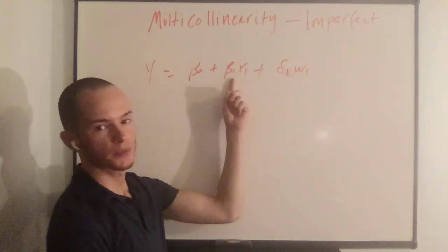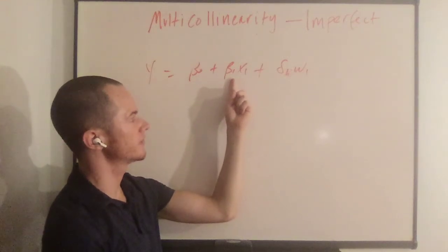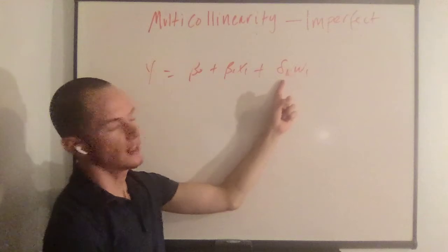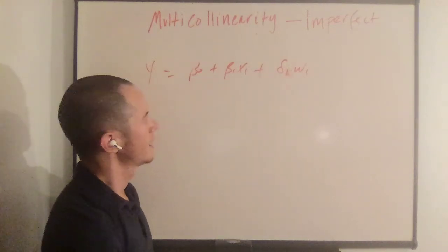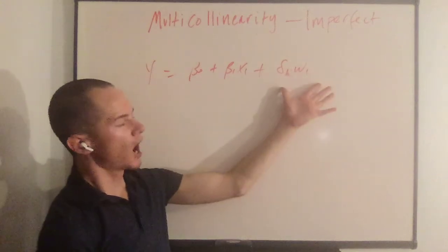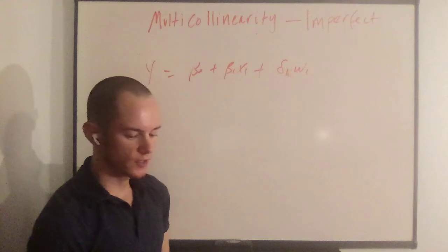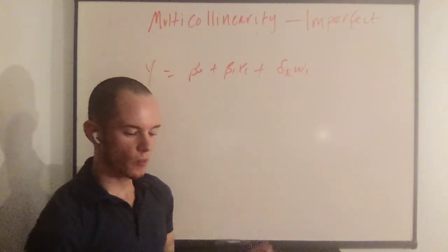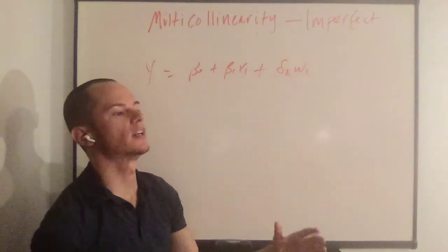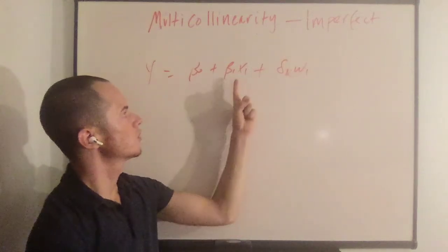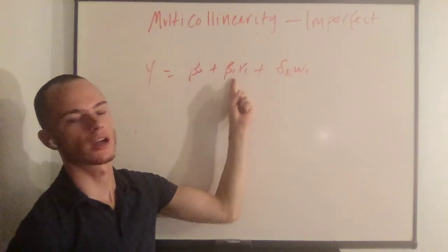We're concerned about the precision of beta 1 because we're trying to identify our causal effect. Less concerned about the precision of delta 1. So amongst the control variables, we're not so concerned about there being a linear relationship. We're concerned about the linear relationship with respect to x1.